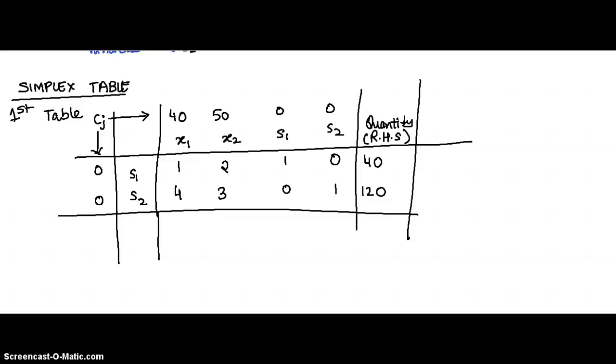Now we need to calculate the value of Zj. To get the value of Zj, we need to multiply the Cj column. This is the Cj column. This is the Cj row.